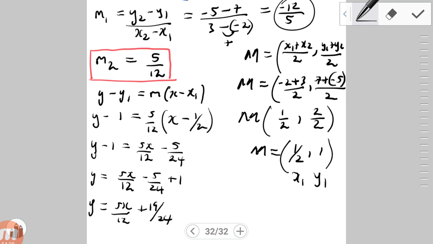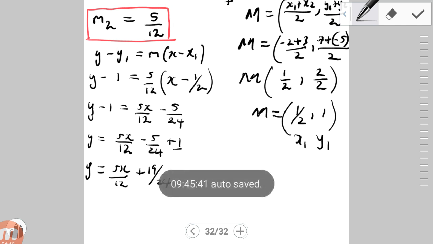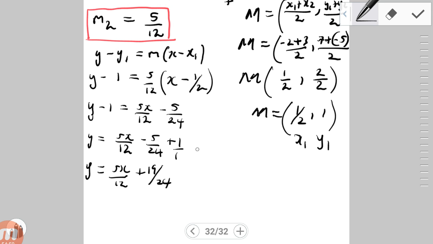Okay, and that there is the equation of the line written in the general form. All right, when you work this out, let me know if you got 19 over 24. Put the 1 over 1 and find the LCM, or do the butterfly method. You should get 19 over 24. All right, if you wanted this in the general form, then we're simply going to multiply both sides by 24.